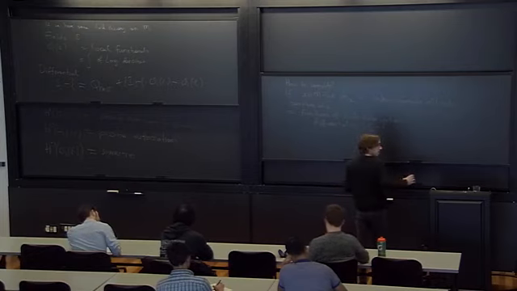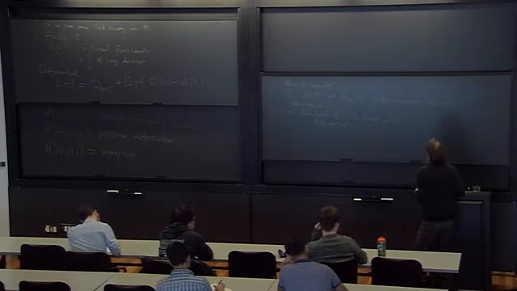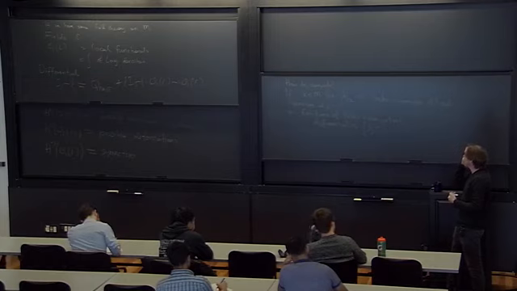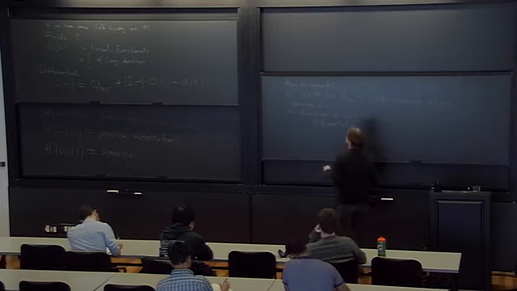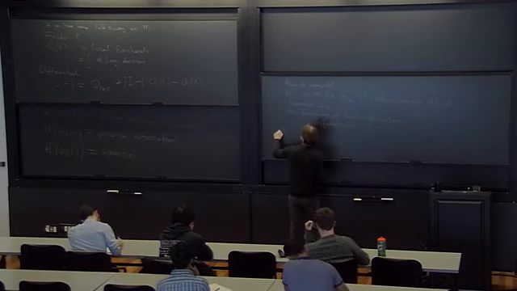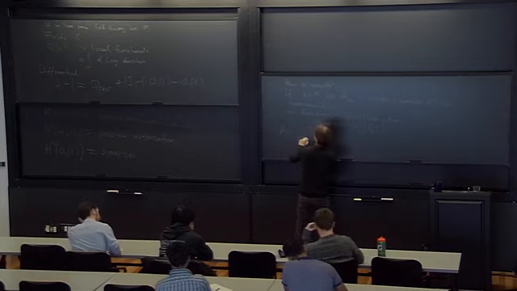So what we're going to use is that this cochain complex, as I vary x, is going to form an infinite dimensional vector bundle, a graded vector bundle.